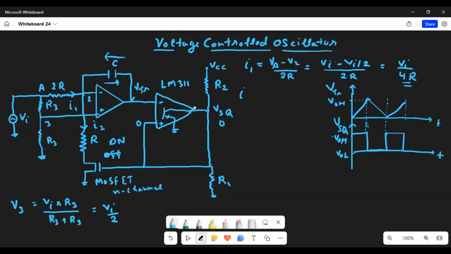Since we know the current through the capacitor can be written as I equal to C delta V upon delta T, and we know I equal to Vi by 4R, the capacitor is C, and delta V will be VOH minus VOL, upon delta T, which will be T by 2.